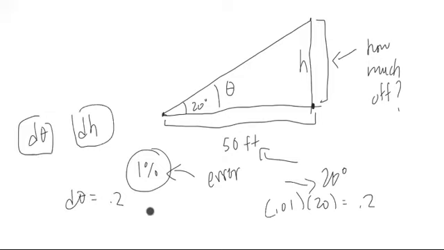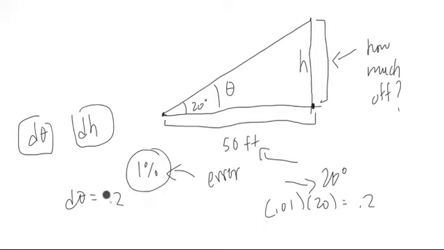However, our derivative formulas came from the idea that we were measuring in radians, that nice inequality we had for sine that determined the limit of sine h over h. That all had to do with radians. So we have to be careful and change everything into radians if we're working with derivatives, because that's where our derivative rules come from.